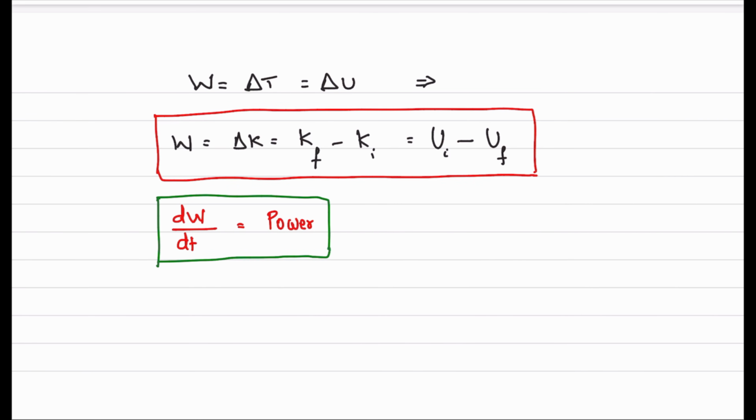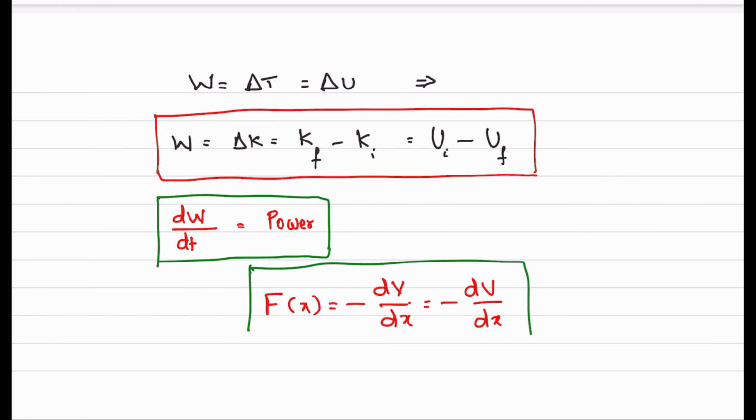Now we have established the conservation of energy principle, and also the relation between kinetic energy and potential energy, and force. It is a very important equation: Fx is equal to minus dV by dx or minus dU by dx. Please remember this. The potential energy gradient is equal to force.